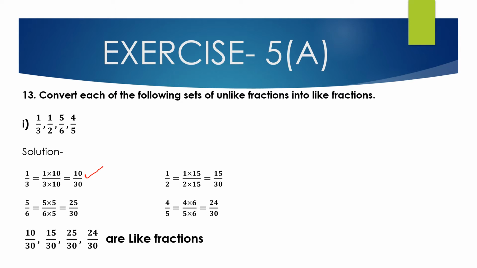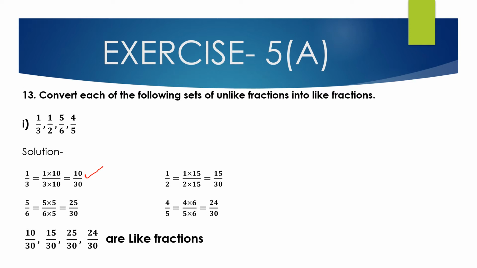Now the second fraction is 1 divided by 2, and we have to convert this unlike fraction into like fraction by equating the denominator with the LCM, that is 30, by multiplying numerator and denominator by 15.